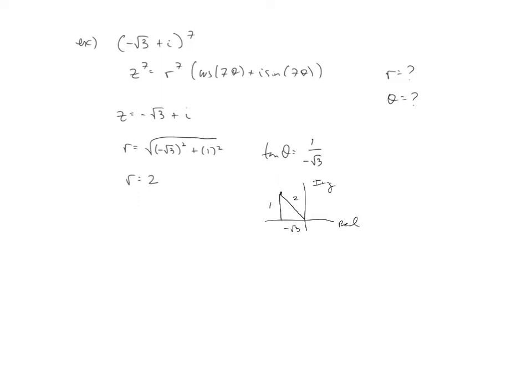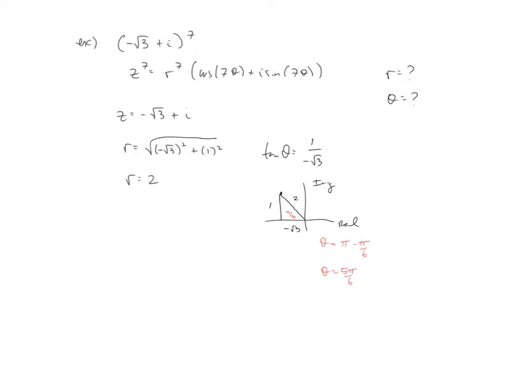So that would give us a 2. That would also give us a reference angle of pi over 6. So then theta would be pi minus pi over 6. In other words, theta equals 5 pi over 6.